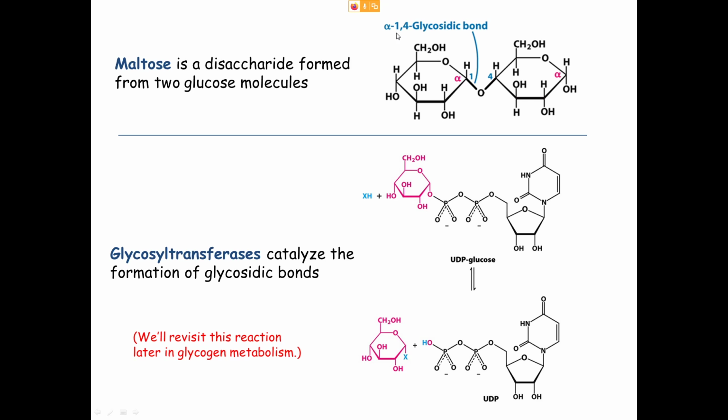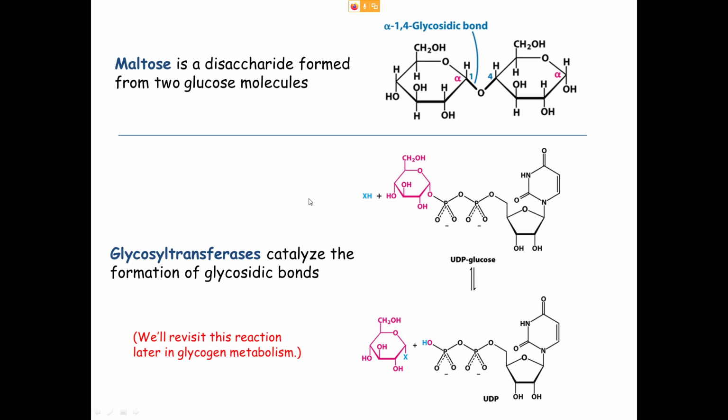So we call it an alpha 1,4 glycosidic bond or glycosidic linkage. Right? There's lots of others we're going to go over, but you get the idea. I named the first sugar, I named the second sugar, and I tell you the connection. So maltose is a disaccharide from a glucose and a glucose, where the first one must have been in its alpha form, second one didn't matter, and it's an alpha 1,4 connection.